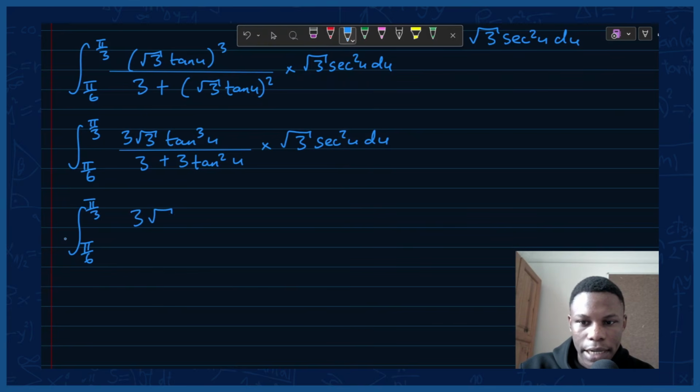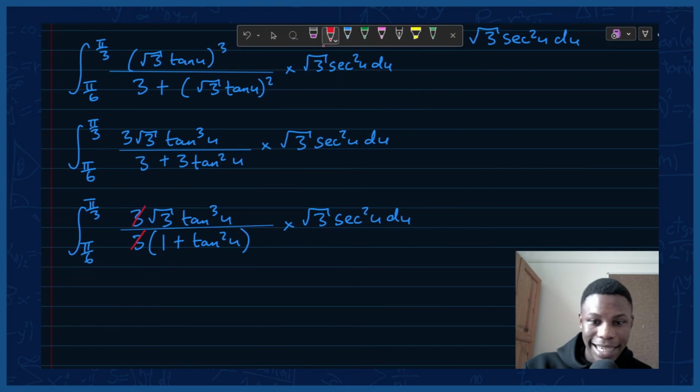So this is 3 root 3 tan cubed u divided by, factor out 3, so I'm left with 1 plus tan squared u multiplied by root 3 sec squared u du. So the 3's cancel out here. And then notice that we have an identity that tells us that 1 plus tan squared u is identical to sec squared u.